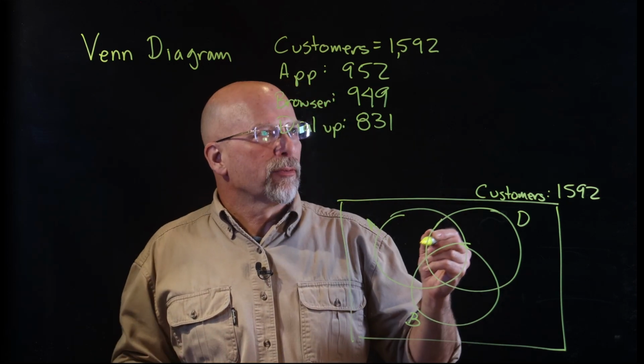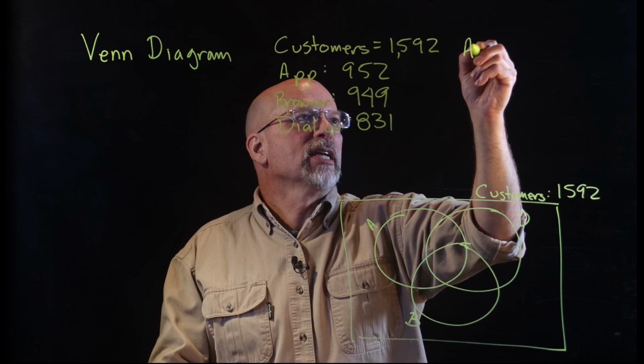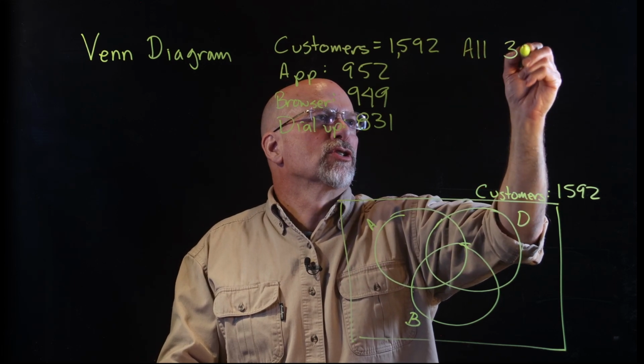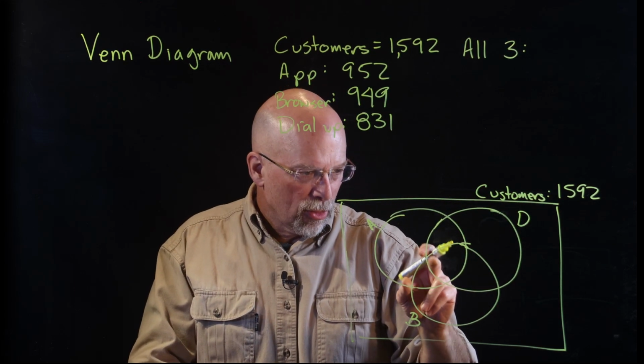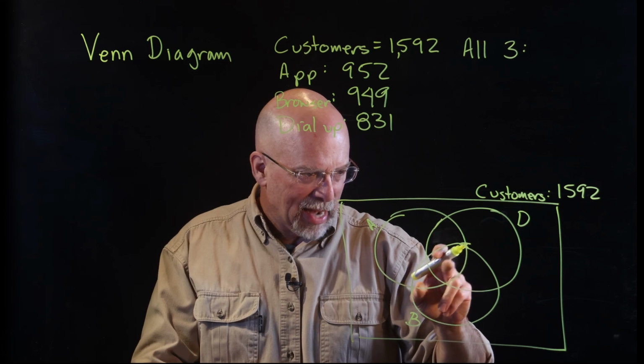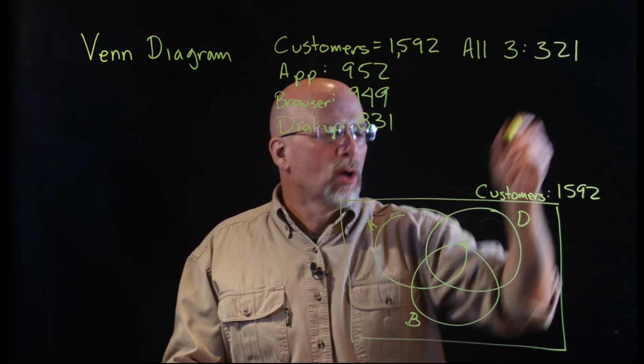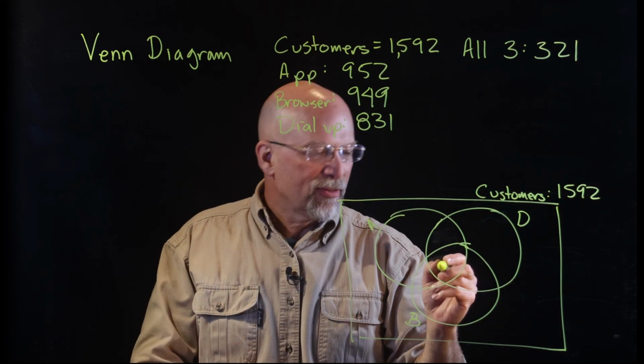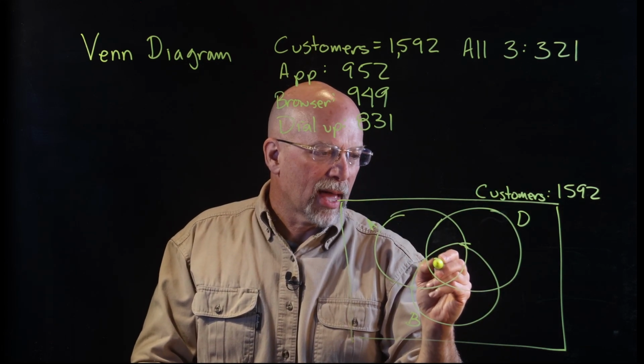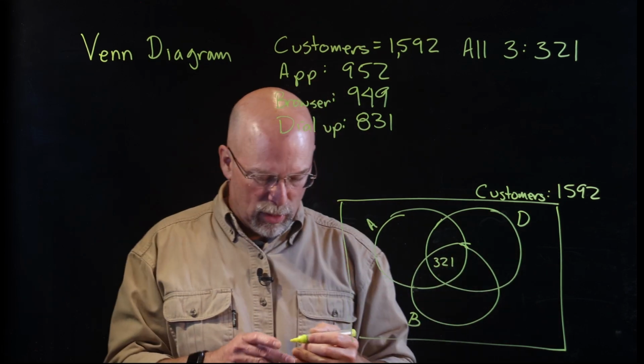Some of the additional information we have is, first of all, we know how many of our customers have used all three. All three, that's this region right here. 321 have used all three. And in fact, we can just go ahead and write that inside here, 321.